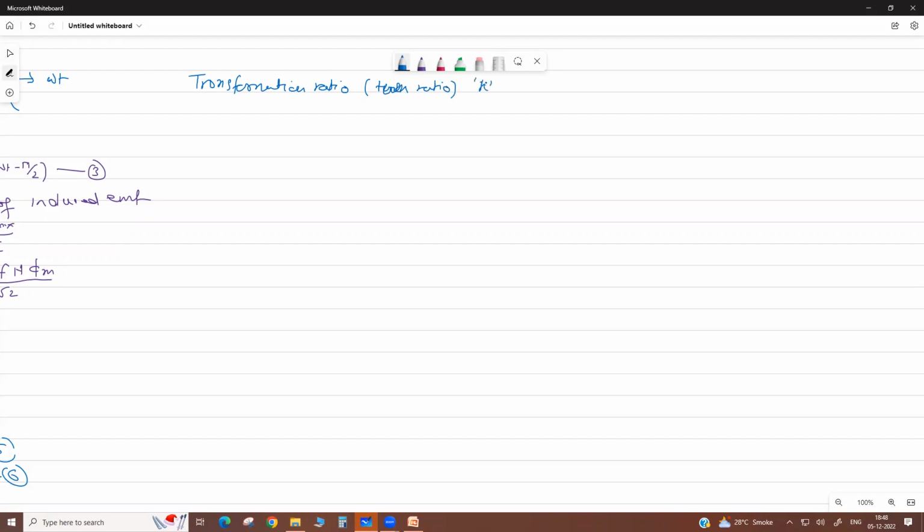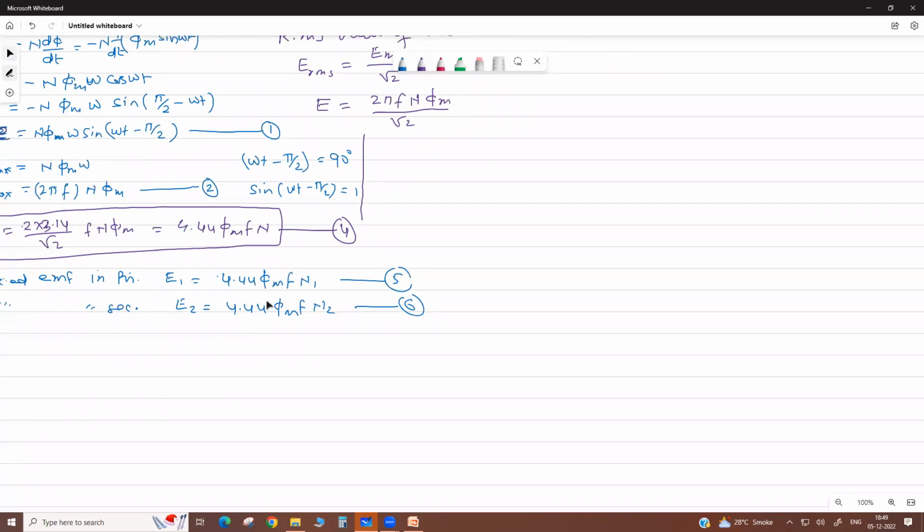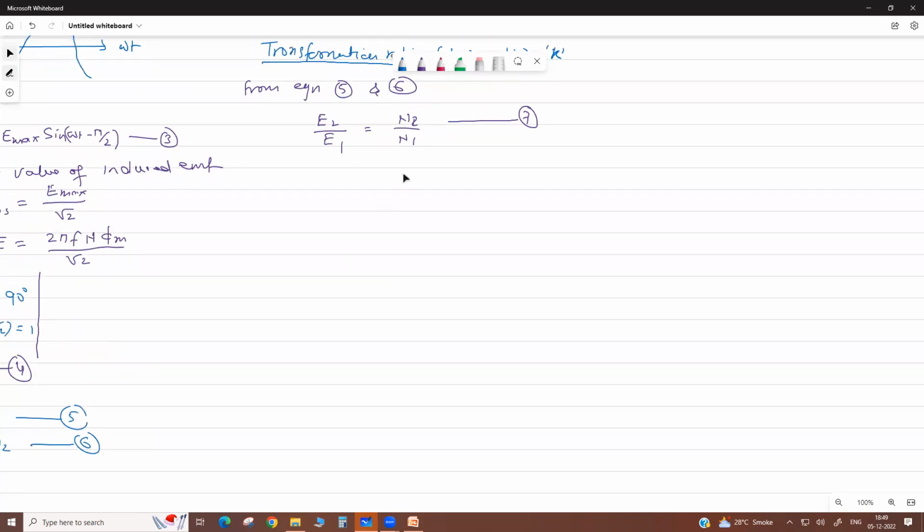It is denoted with K. From equations 5 and 6, if we divide 6 by 5, the common terms cancel and only n2 by n1 remains. So this is equation 7.